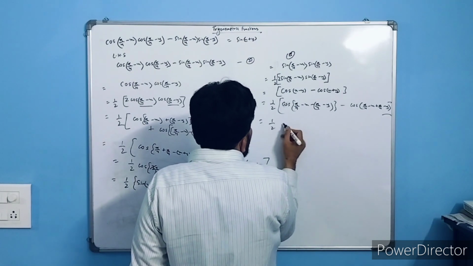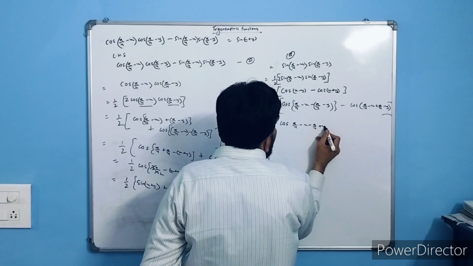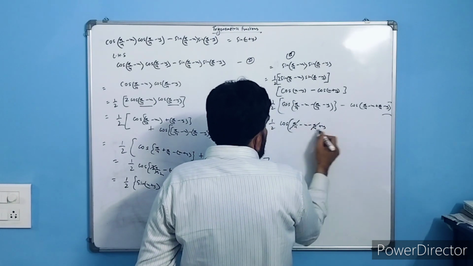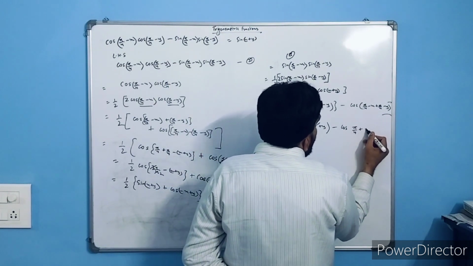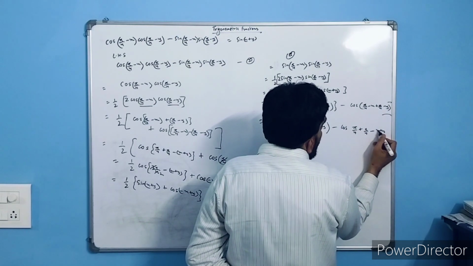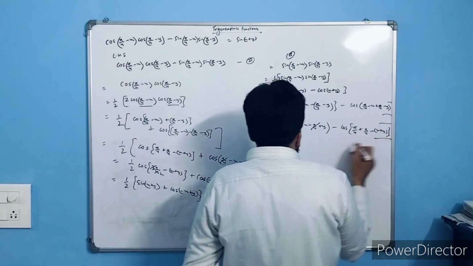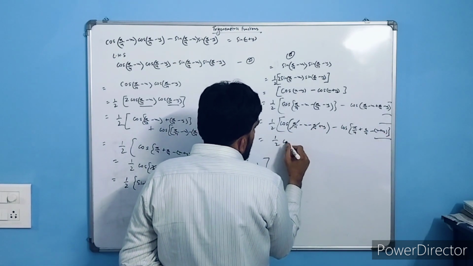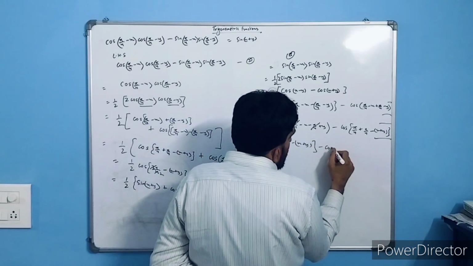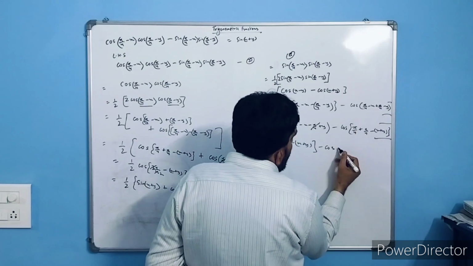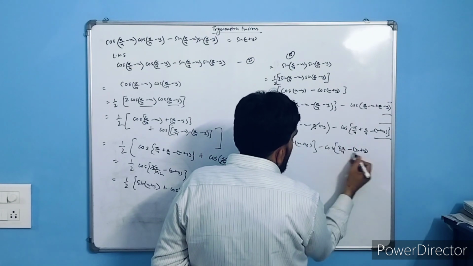So now what is left is half cos(π/4 − x − π/4 + y) minus cos, here the same, π/4 + π/4 − x − y. Okay. So I got half cos(−x+y) minus cos(2π/4 − x − y).